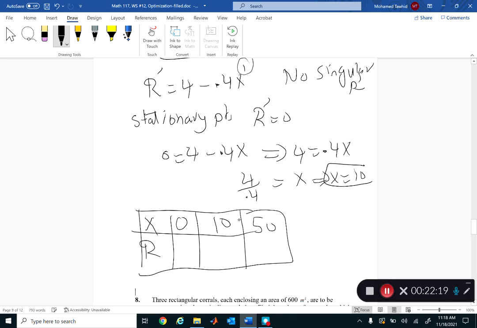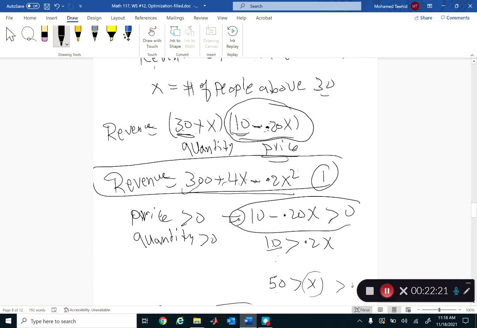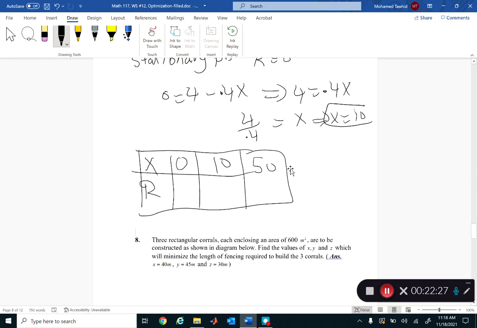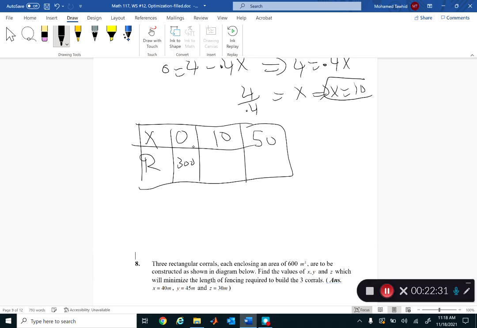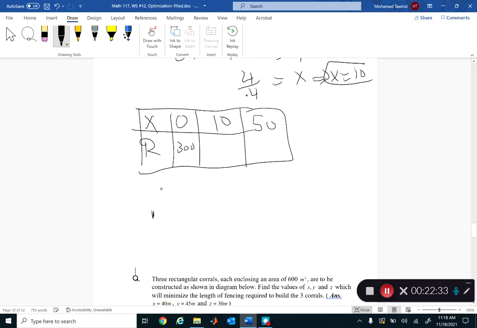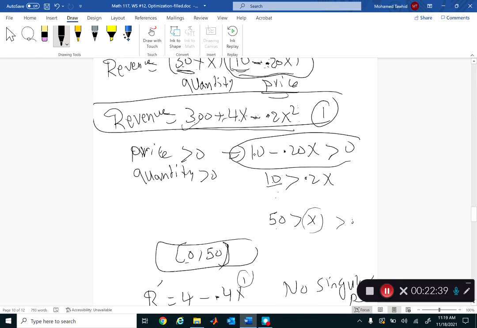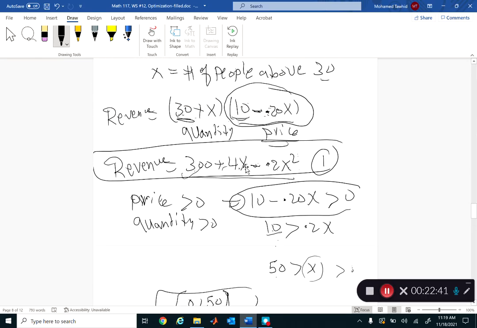So I have to go for equation number 1. Where is equation number 1? Here, r. Replace x by 0. If I replace x by 0, what did you get? You get 300. So I go back here, 300. Then I have to get the value of r at 10. I go to equation number 1, 300, and I replace x by 10.